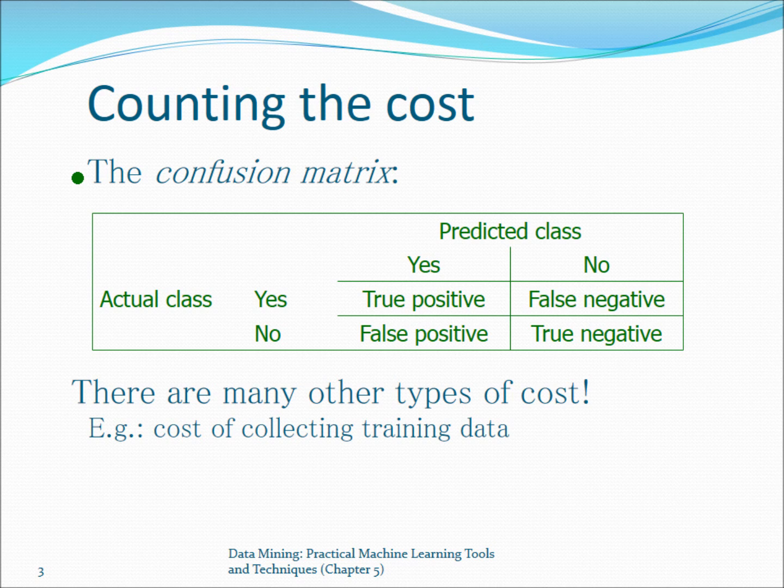But let's say diabetes, you can count: if you miss a year of timely treatment, it could cost you $100,000. But if you do further diagnosis, assuming it's a false positive, that maybe costs $10,000. Then you can see the cost of a false negative is 10 times that of a false positive, right?